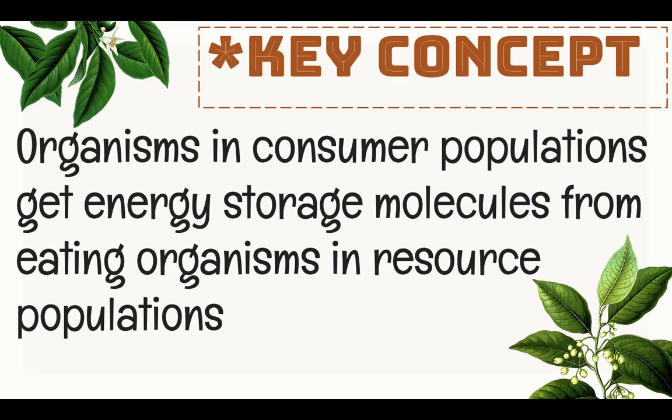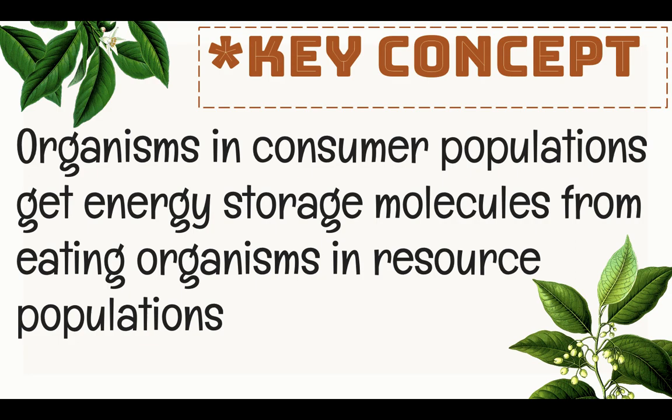So one key concept that we need to make sure you get down into your notes is that organisms in consumer populations get energy storage molecules from eating other organisms in resource populations. That's one of the most important things here. We read about this yesterday as far as the elephant seals, the emperor penguins, the sockeye salmon, and the fireflies.